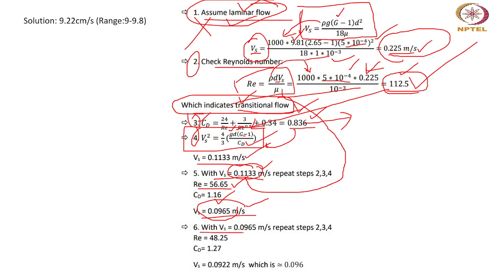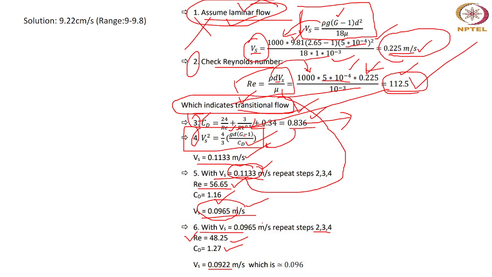So again, try with this new settling velocity 0.0965. Repeat steps 2, 3, and 4. I'm getting again Reynolds number as 48.25. Then your CD 1.27. At the end, the settling velocity I'm getting is 0.0922.